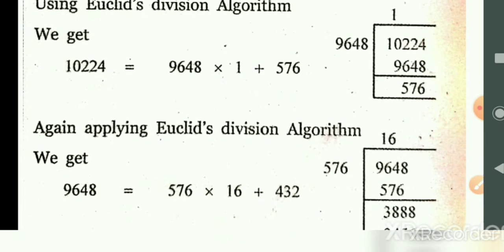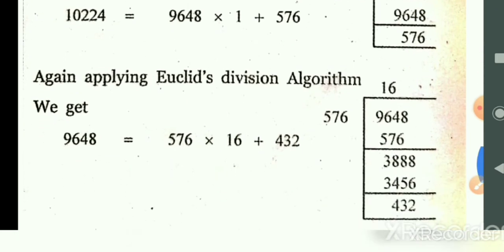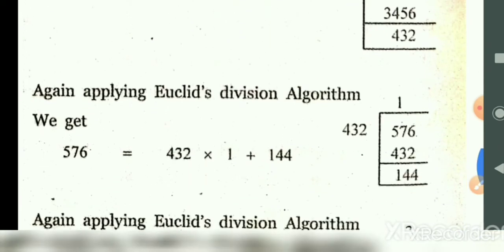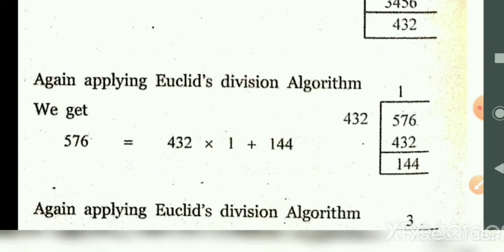Then again applying: 9,648 equals 576 into 16 plus 432. 432 is not equal to 0. Again applying: 576 equals 432 into 1 plus 144. Here also the remainder 144 is not equal to 0.